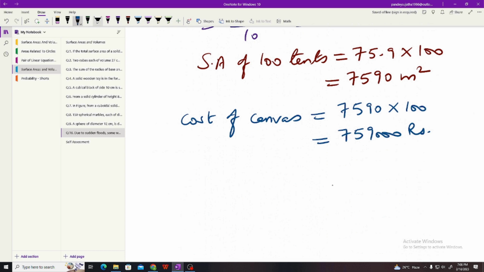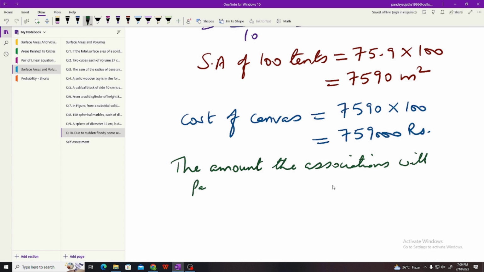So the amount the associations will pay will be equal to 50% of the cost of canvas used to make 100 tents, that is 75,900.